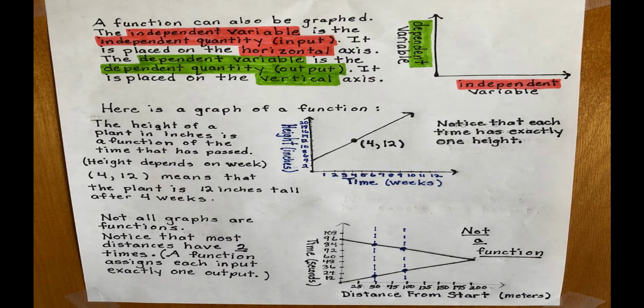But at the end of the race, after 96 seconds have passed, you are back at the starting line. And so, the distance from the starting line, when it's 0, has 2 different times, 0 seconds and 96 seconds. A function assigns each input exactly one output, and so this graph is not a function.